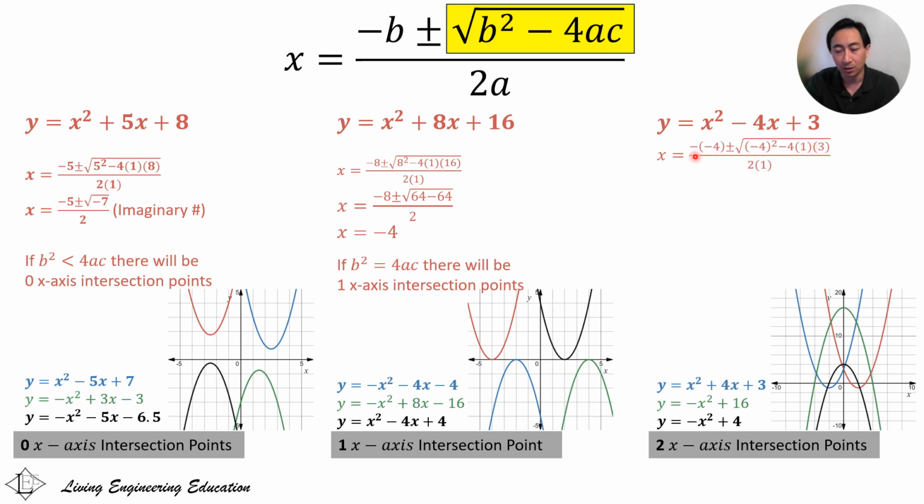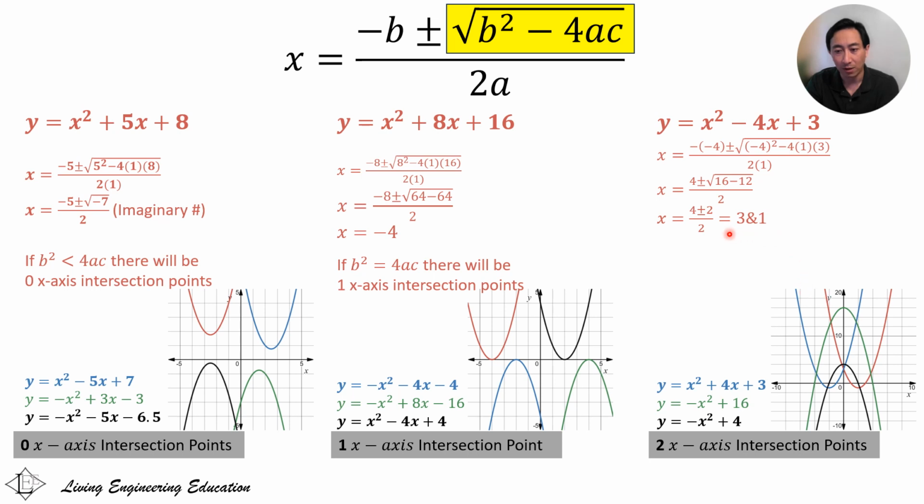So we got negative b, so minus minus 4, plus or minus square root of b squared, minus 4ac, 4 times 1 times 3, over 2a, 2 times 1. So we got 4 plus or minus square root of 16 minus 12, over 2. 16 minus 12 is 4, so the square root of that is 2. So I'll get 4 plus 2 is 6, divided by 2 is 3, or 4 minus 2 is 2, divided by 2 is 1. So both 3 and 1.